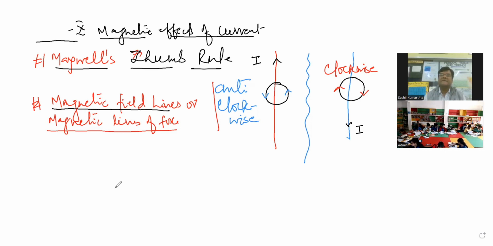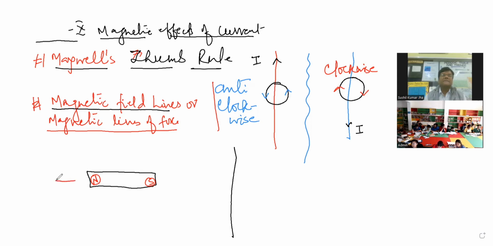So let us have a bar magnet, and let us show the north and south poles.